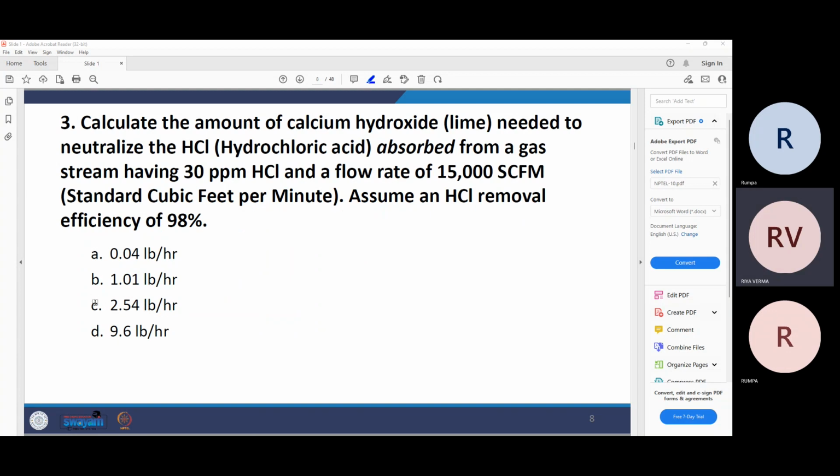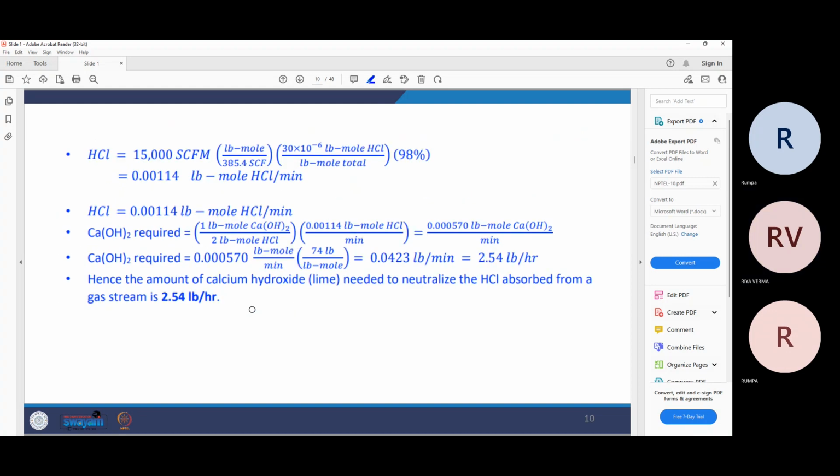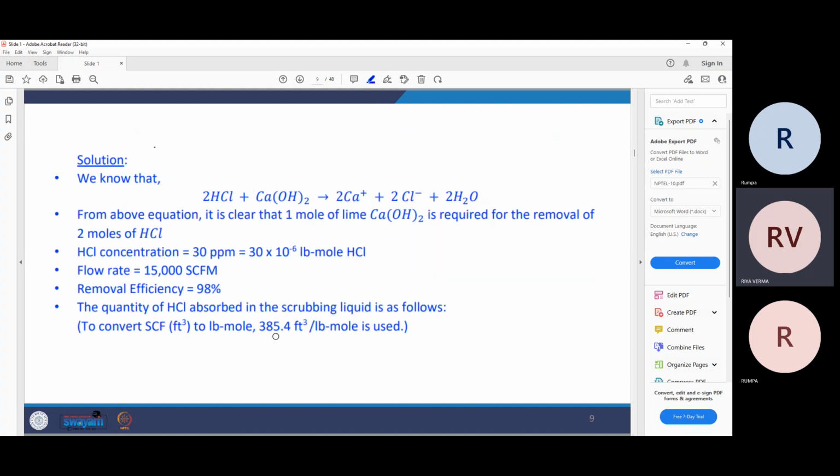This is 2.54 lbs per hour. Getting this, the amount of calcium hydroxide will be 2.54 pounds per hour. This is a very simple question, just that the units are confusing us.